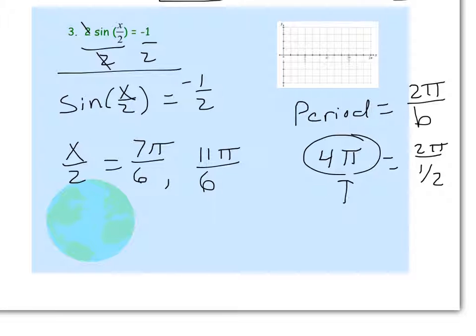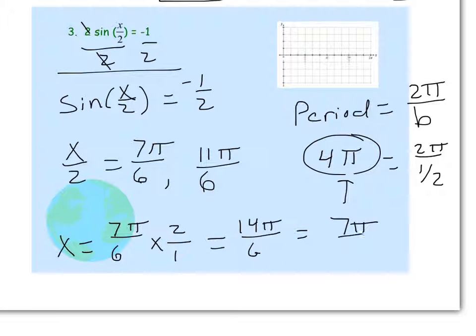Now to get the actual solutions, I would multiply both of these by 2. Seven pi over 6 times 2 is 14 pi over 6, which is 7 pi over 3.